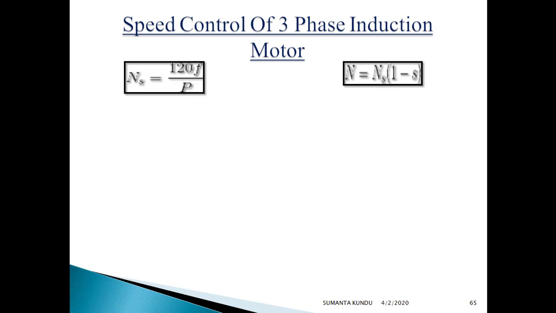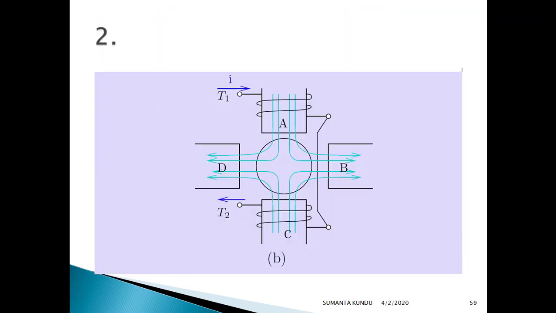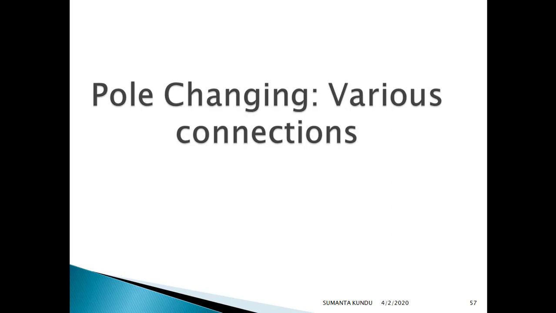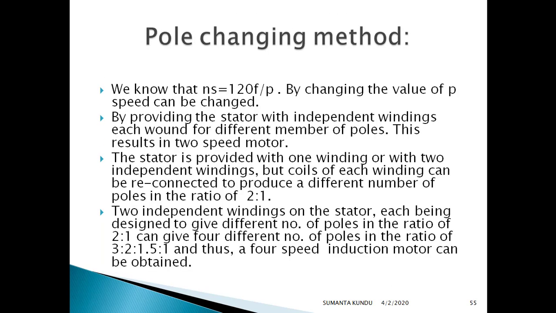Now this pole changing method of speed control can be achieved in two ways, or rather we can say in three ways. One is known as multiple stator winding, the second is the method of consequent pole, and the third method is pole amplitude modulation.